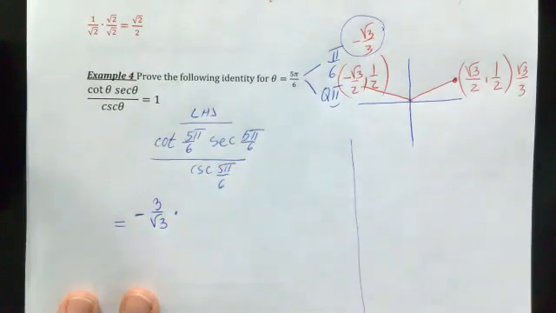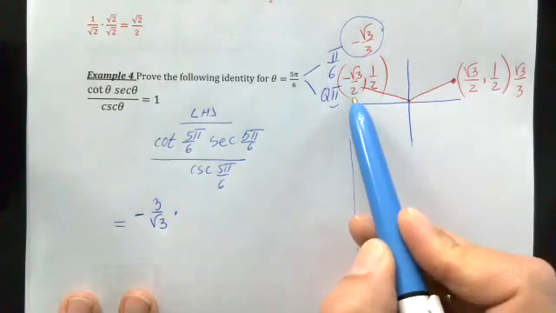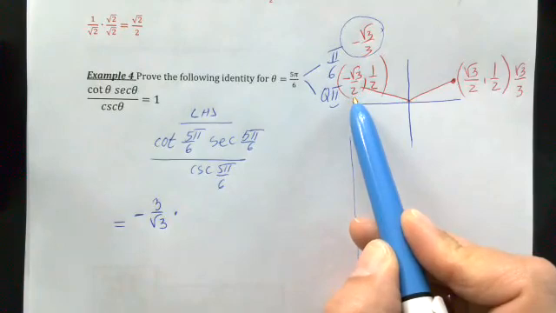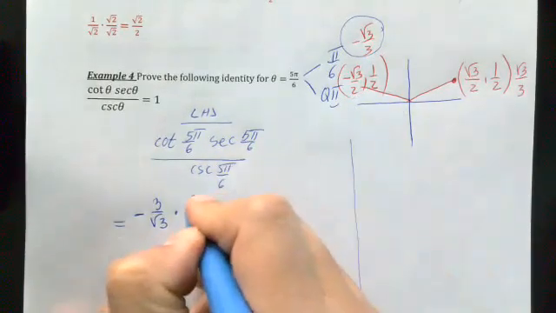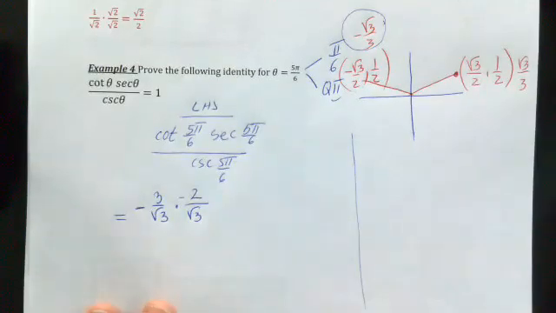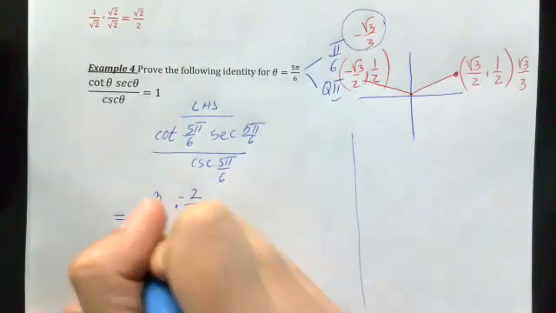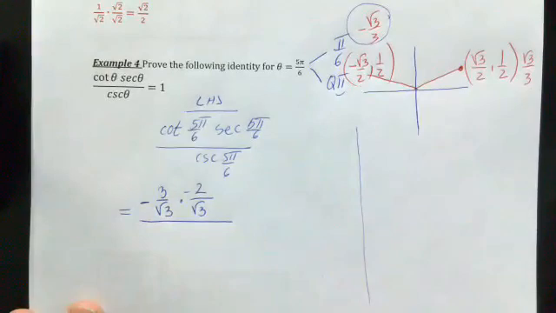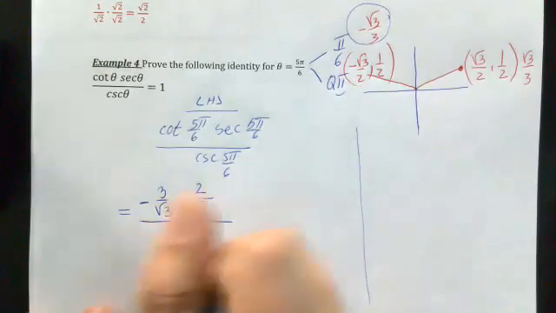Secant is the reciprocal of cosine, right? Cosine is this one. So reciprocal of negative square root of 3 over 2. So 2 over square root of 3 with a negative. Divide by cosecant, the reciprocal of sine. So 2.